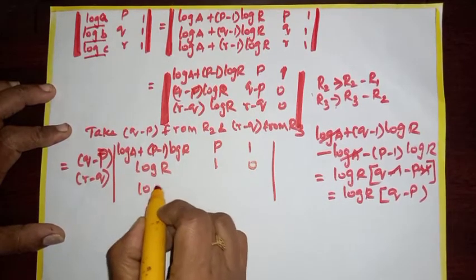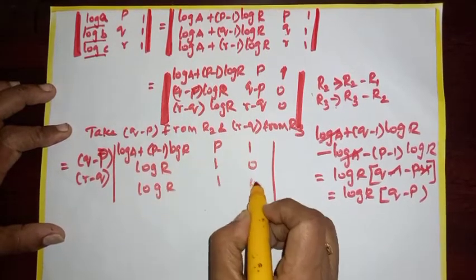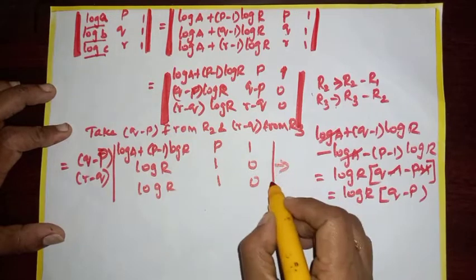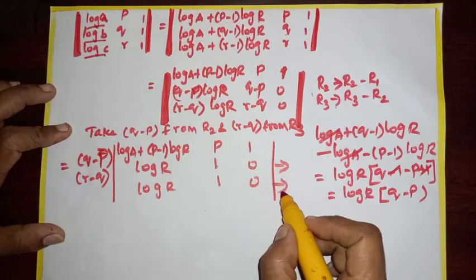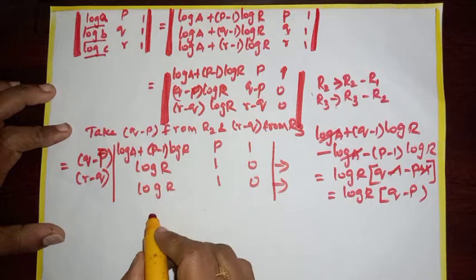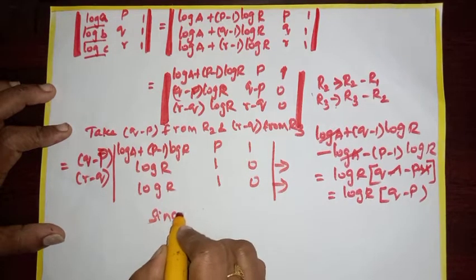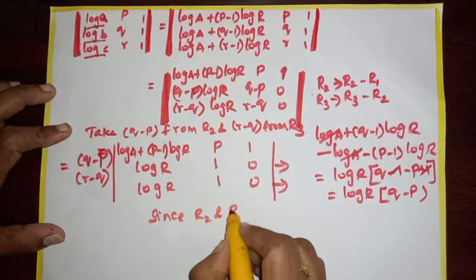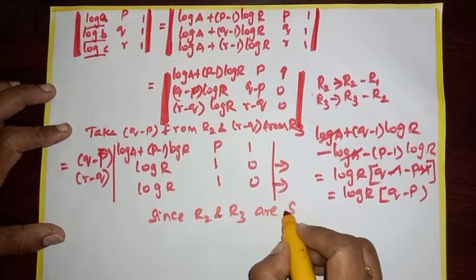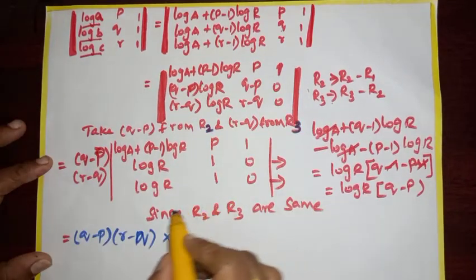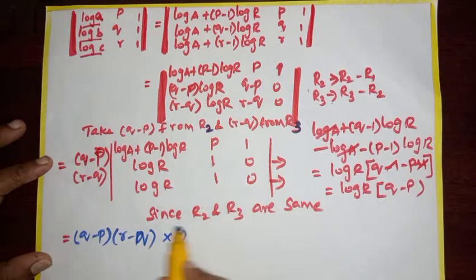Third row also log R, 1, 0. Now see, R2 and R3 are identical. Since R2 and R3 are the same, the value of the determinant will become 0. Q minus P into R minus Q into 0, which is equal to 0.